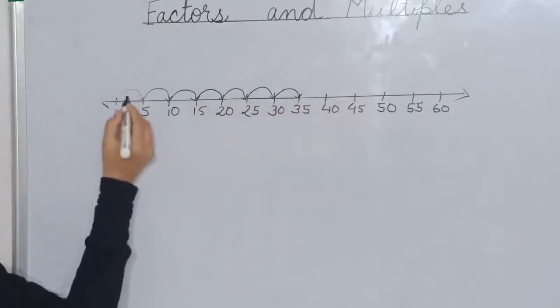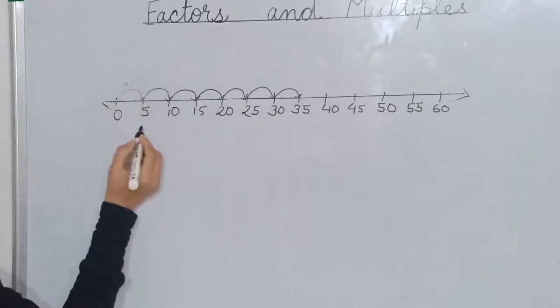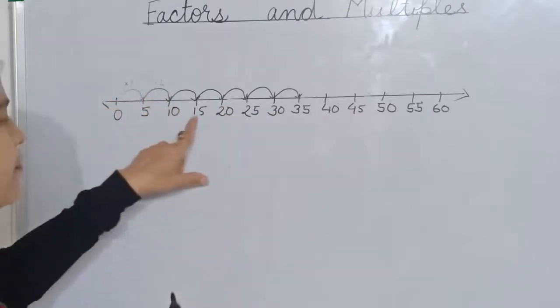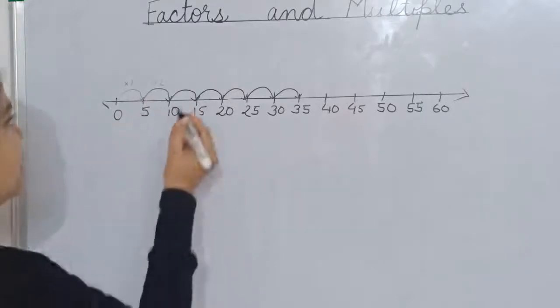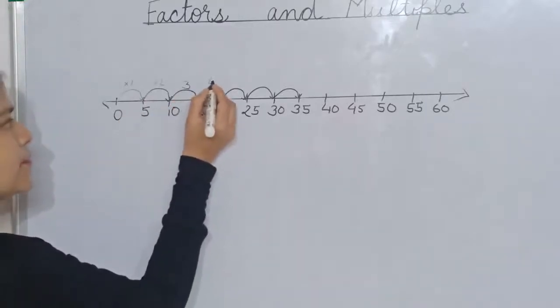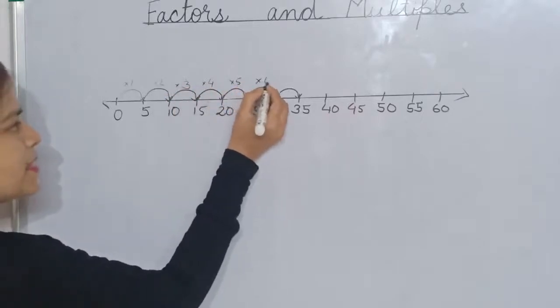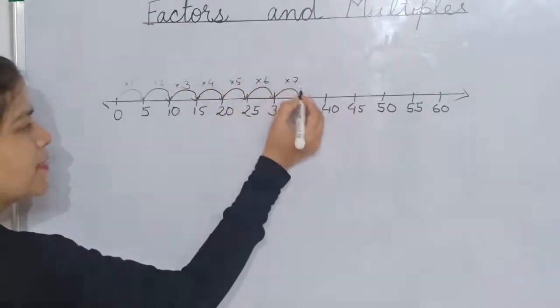So here it is 5. 5 1's are 5. 2 steps, when we are taking, 5 to the 10. Then 5 3's are 15. Here this is 3 steps. This is 4 steps. Then this is the 5th step, 6th step, 7th step, and so on.